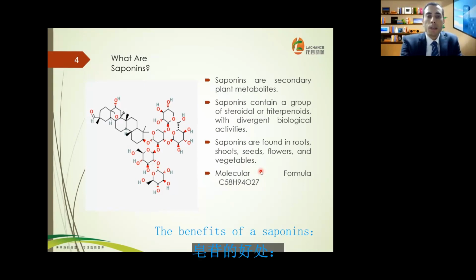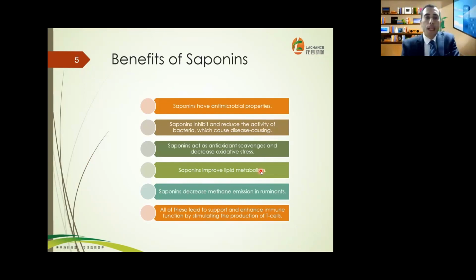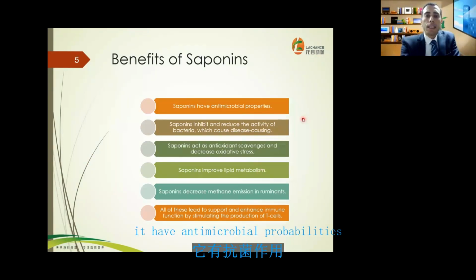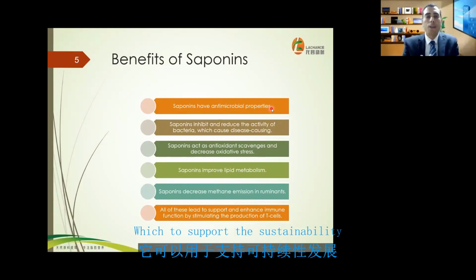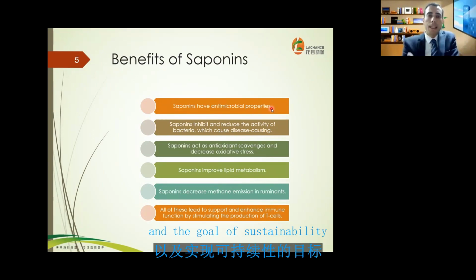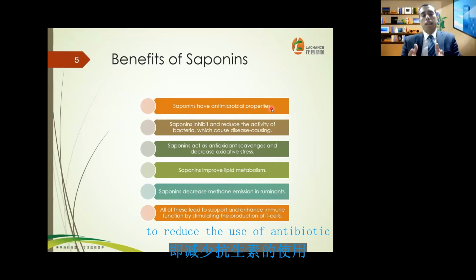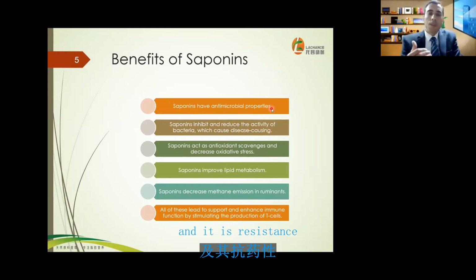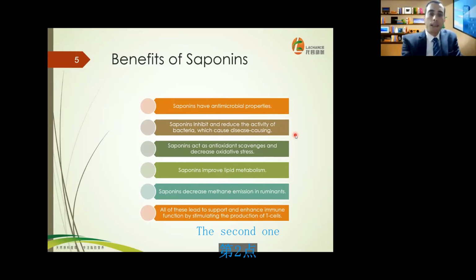The benefits of saponin: it has many advantages. The first one, it has antimicrobial properties, so it can be used as an antibiotic alternative, which supports the goal of sustainability, one of the main directions of the United Nations, to reduce the use of antibiotics and their resistance and disadvantages in our body.